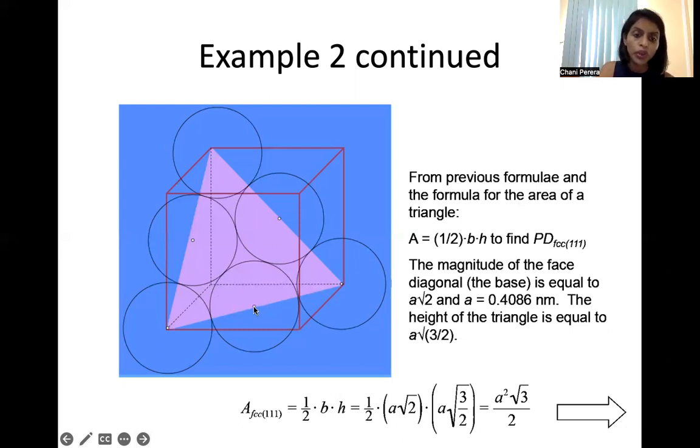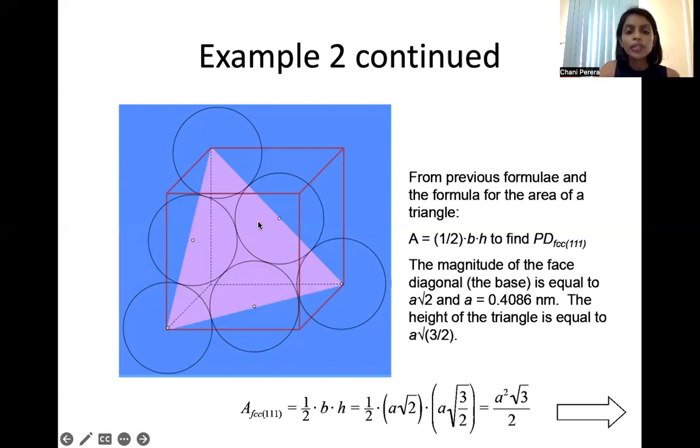If you half it, that will be A over square root 2. This creates another right angle triangle, so apply the Pythagoras theorem: here it's A, here it's A over square root 2, and find the length of this height. So the height of the triangle is equivalent to A times square root 3 over 2.